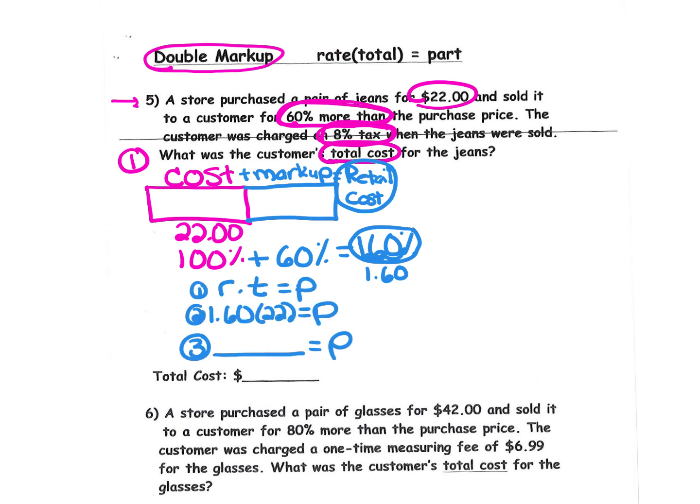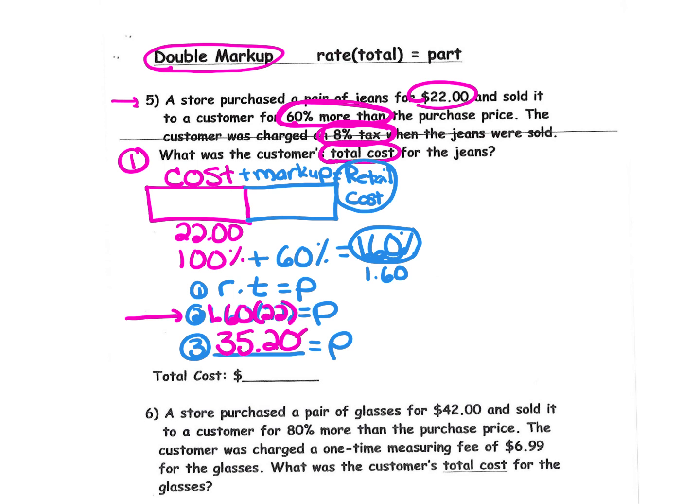So let's use our formula to find the retail cost. We know that the customer is going to pay a retail price. We need to calculate that, 1.60 times $22. We see that the jeans come to $35.20.